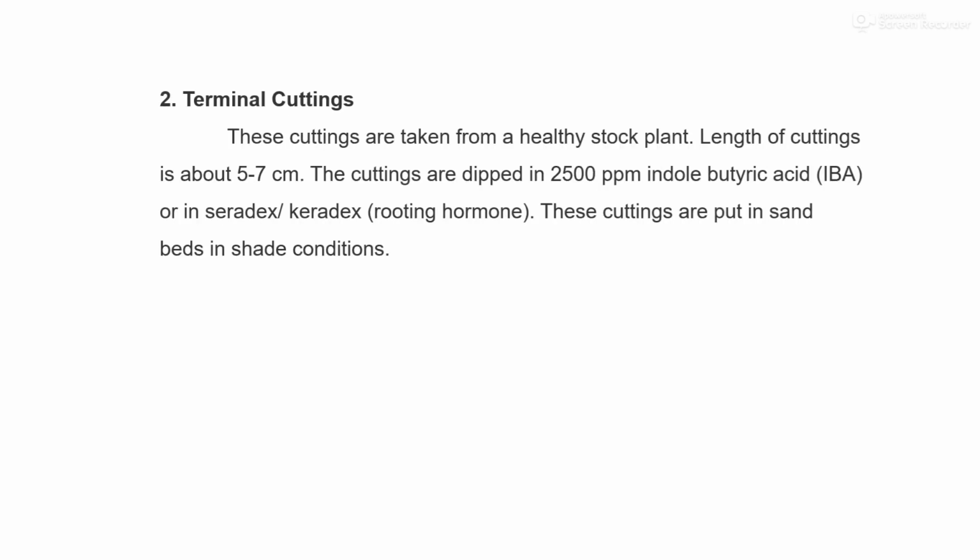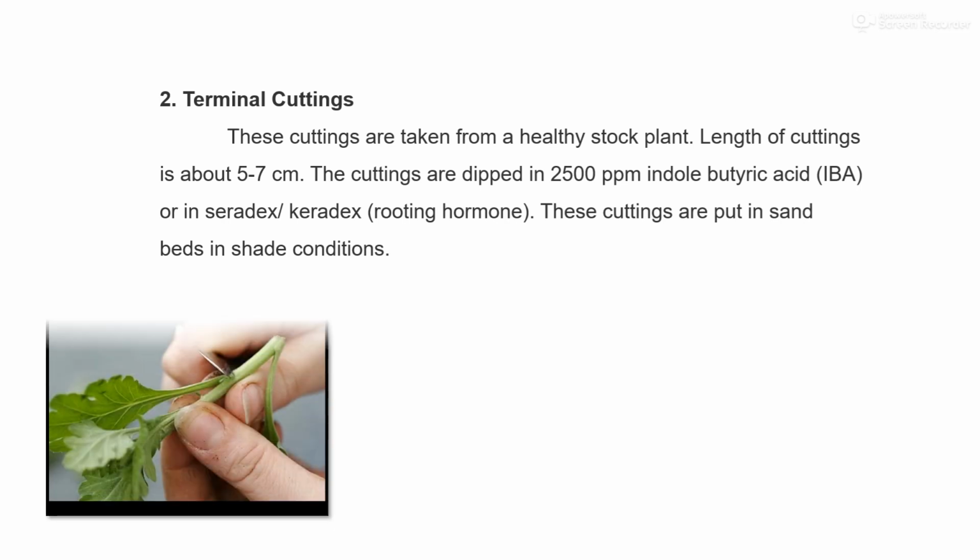The second method which we adopt in this category is terminal stem cutting. Such herbaceous stem cuttings are also used for multiplication of chrysanthemum. These cuttings are taken from a healthy stock plant.